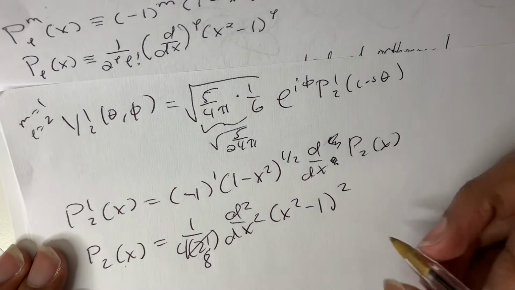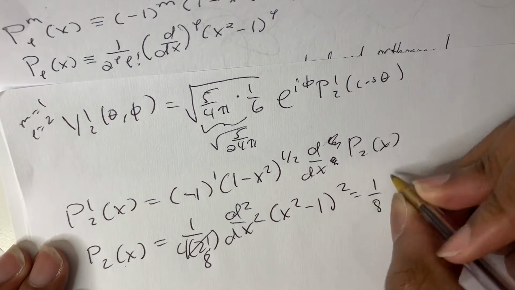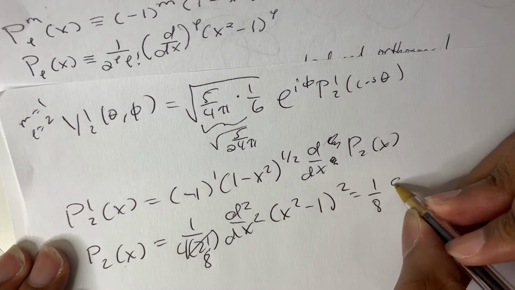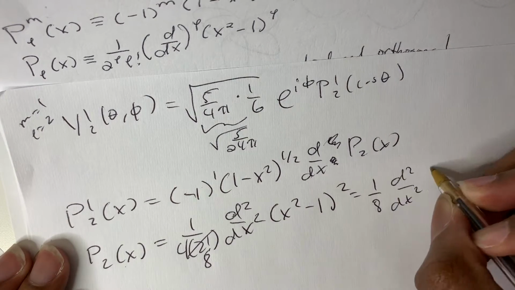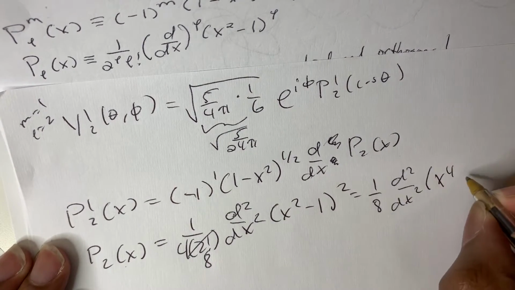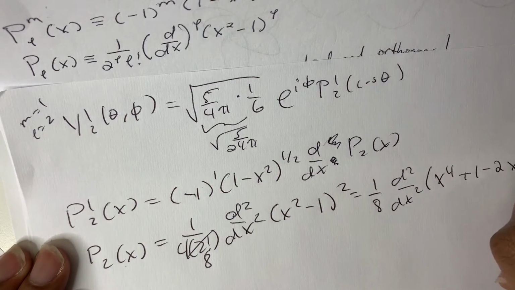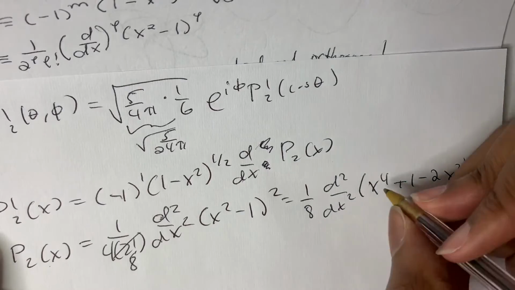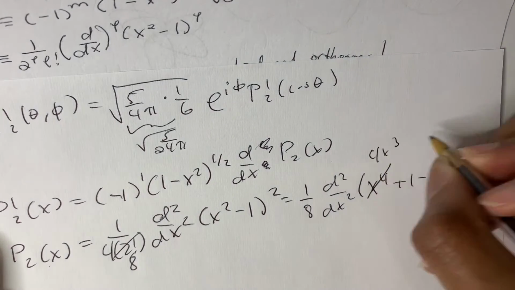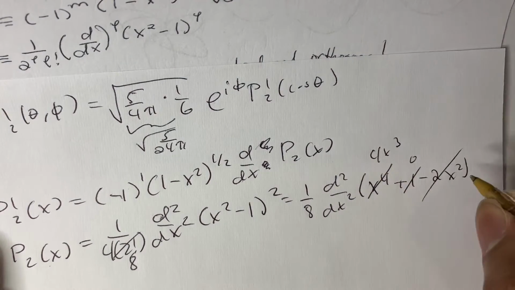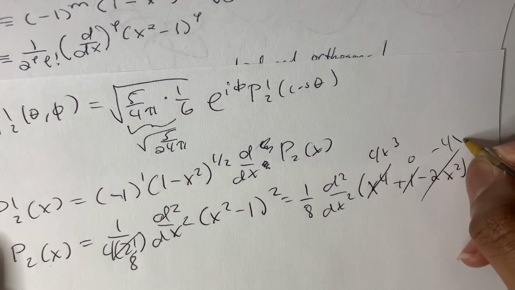We expand this out, so this is 1 over 8, second derivative, right, of x to the 4th plus 1 minus 2x squared. Derivative of x to the 4th is 4x cubed. Derivative of 1 is 0. Derivative of minus 2x squared is going to be minus 4x.